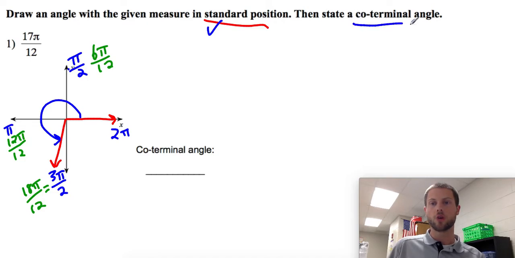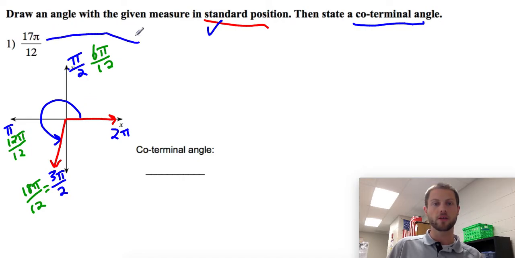As far as the coterminal angle, basically what we're doing here is trying to go around the circle multiple times, or more than this one time here, until I land at the same position. I can do that a number of ways. I can go around the circle in a positive direction and loop once around, or I can start from my initial side, dip into the negative direction, and end here at this terminal side.